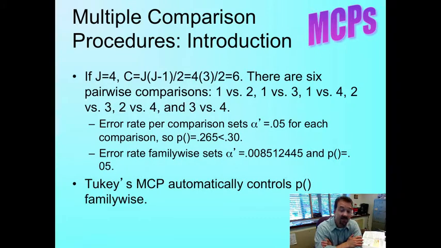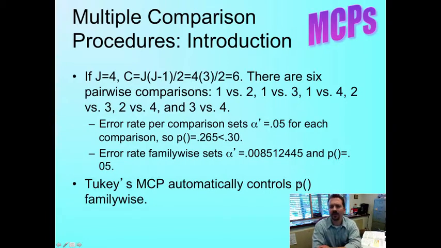My favorite MCP is called the Bonferroni, which also controls family-wise, but there are pros and cons with each one. I prefer the Bonferroni because it's very conservative. It takes alpha of 0.05 and divides by the number of comparisons that you have, and it nicely controls for the type 1 error rate in that way.